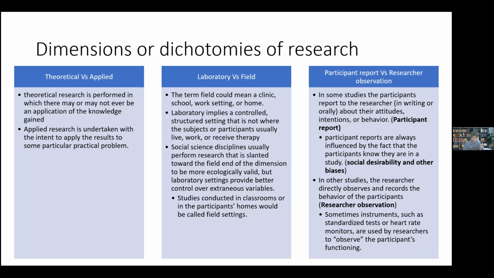And the second one is about where you conduct research, and how much control you have in that particular setting. Research could be conducted in a laboratory or in a field. Laboratory, as in a psychology laboratory. I hope all of you are regular students, even if you're not.